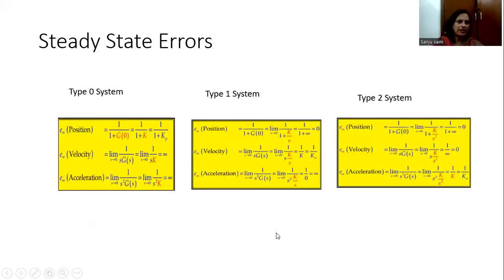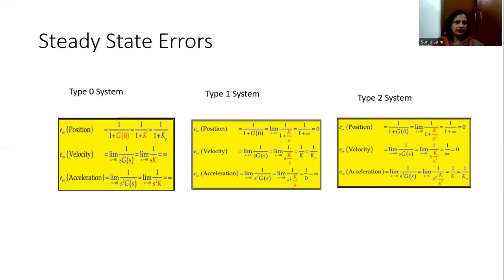If we have a comparison between the steady state errors for type 0, type 1 and type 2 system, we can very well see that steady state error is 1 divided by 1 plus Kp for the type 0 system, and this is for the unit step input, and this is 0 for type 1 system, and this is again 0 for type 2 system.